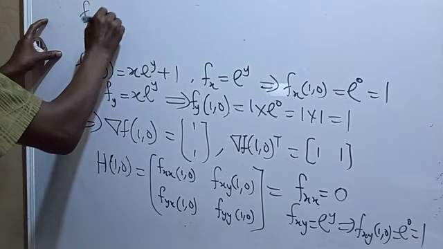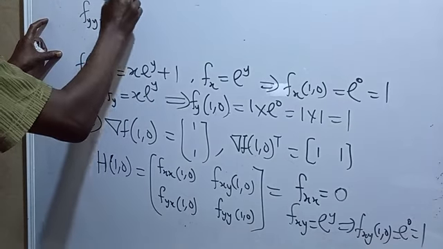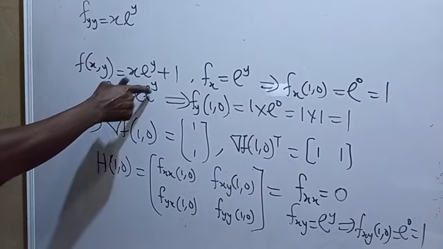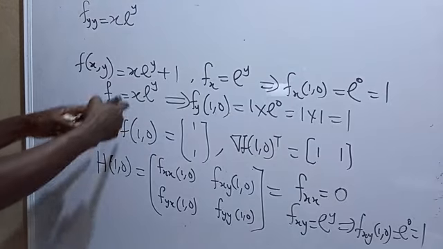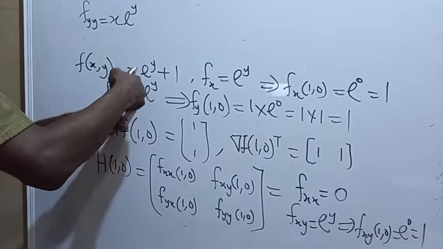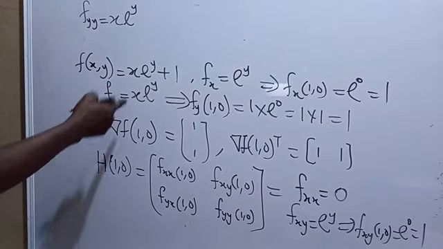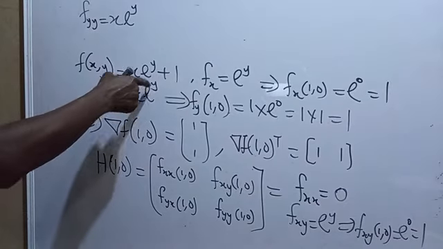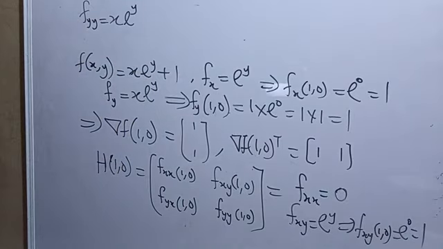You have x exponential y. Okay, because if you differentiate x, it will be 0. If you use product rule, saying after you have differentiated this, multiply by this, plus differentiating this, multiply by this, you are just wasting your time. Because if you differentiate x, it will be 0. 0 times everything here is 0. So you have to differentiate that y that you need.